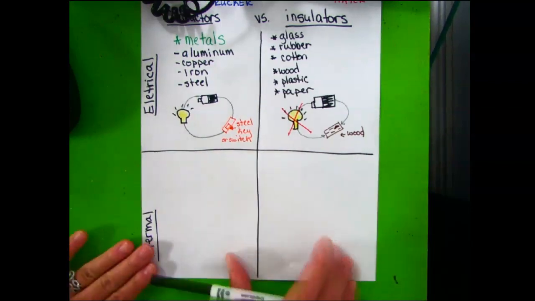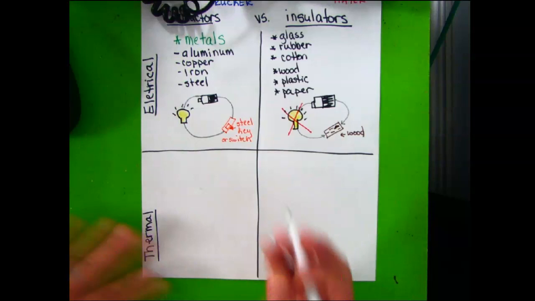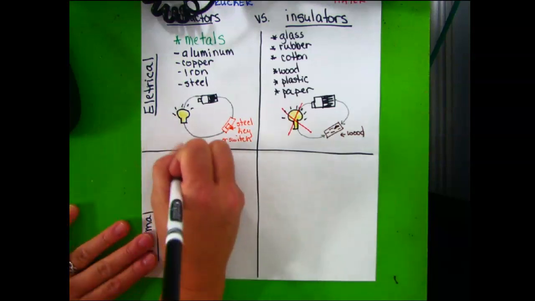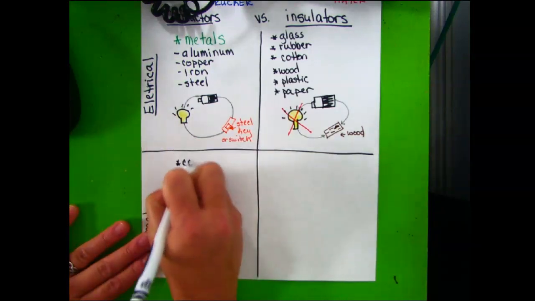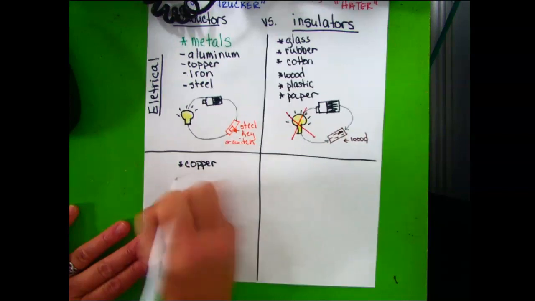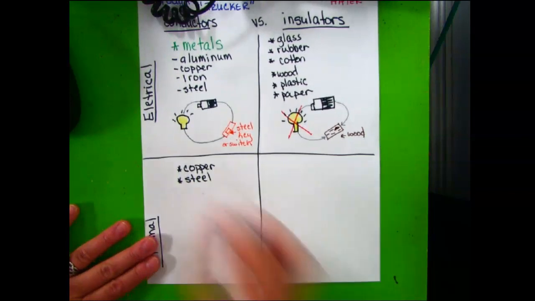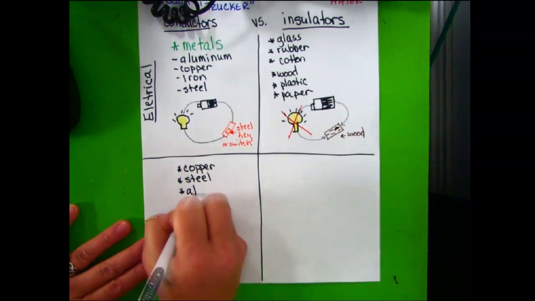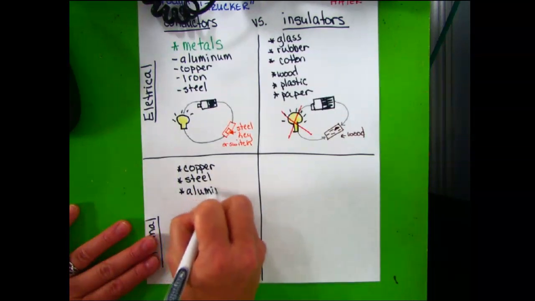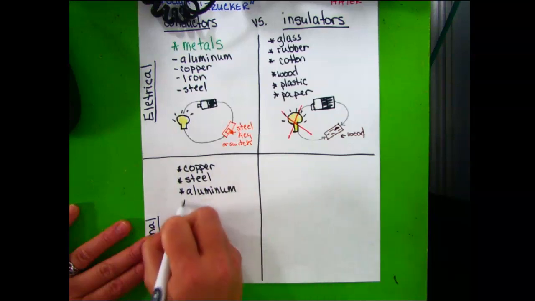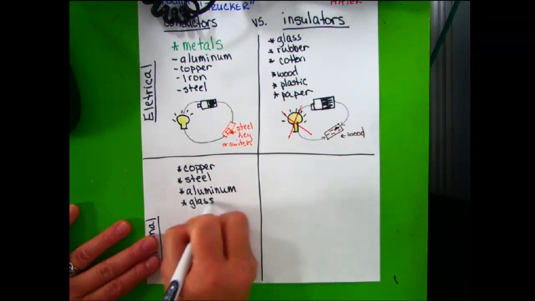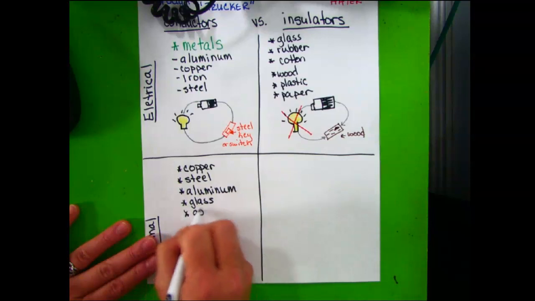Some of these are very much the same. So some examples are copper, steel, aluminum, glass, gold.